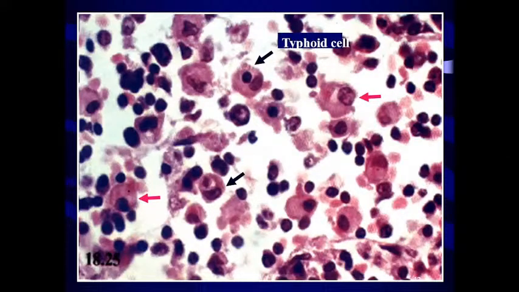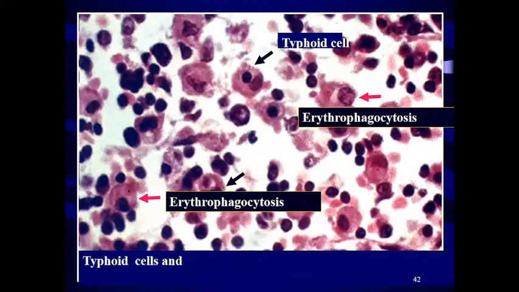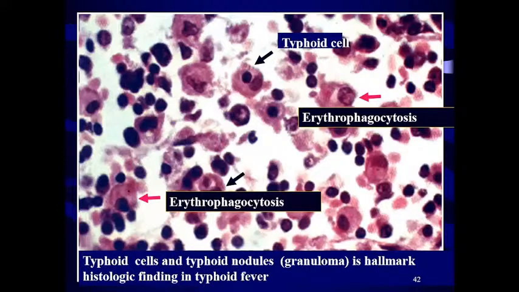So that's the typical cell, which demonstrates erythrophagocytosis. So this is the famous typhoid nodule or granuloma, which is the hallmark histologic finding in typhoid fever. You find this in the Peyer's patches and in the surrounding lymph nodes.